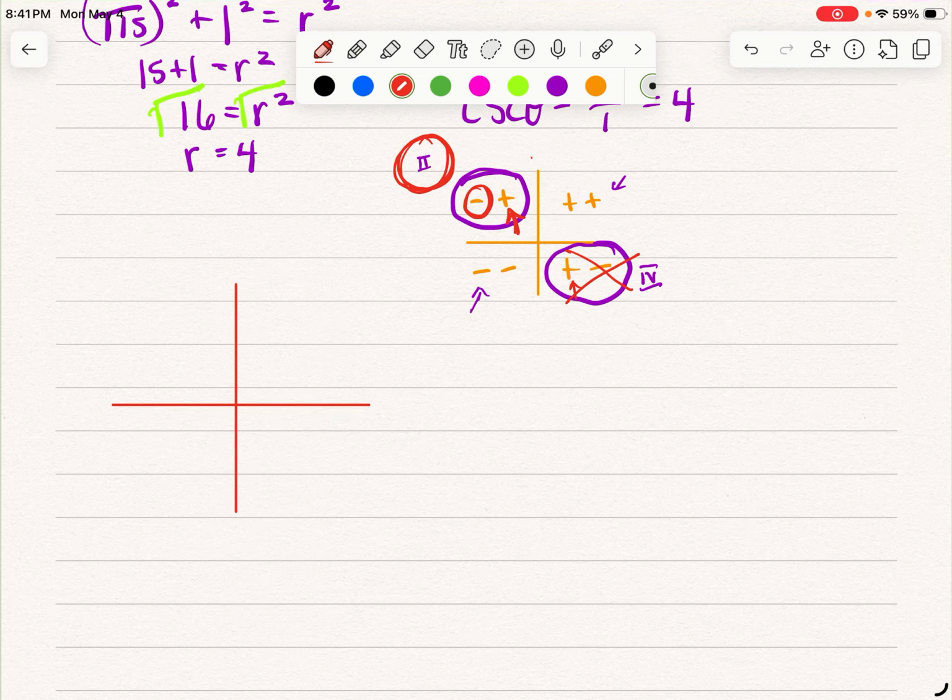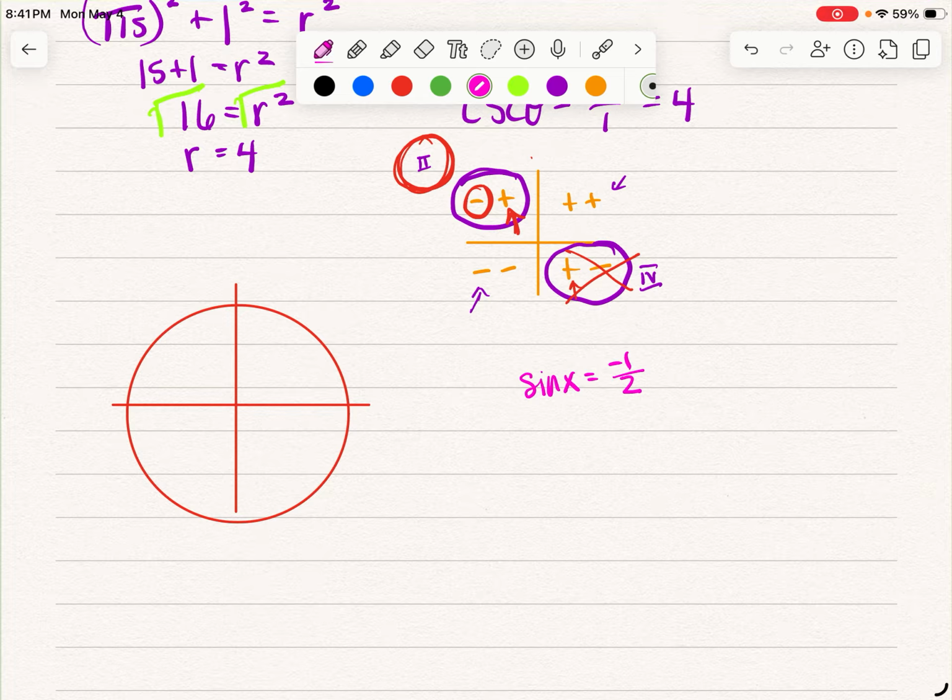So we know in our circle, which hopefully you have in your stuff, we had all those angles. Sine was -1/2. So we had all of our angles all the way around.